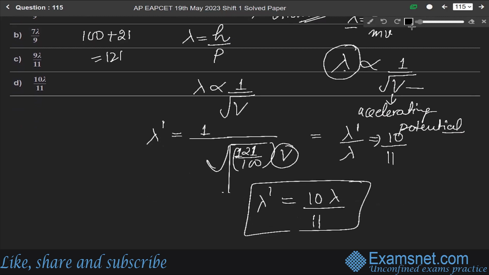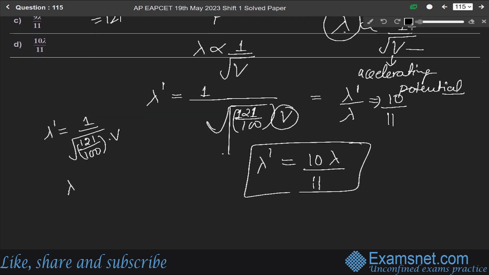Got it? See, here we write lambda dash is equals to 1 over under root of 121 over 100 into V, means we have written lambda dash equals to 1 over under root of 11 over 10 into under root of V. Okay.